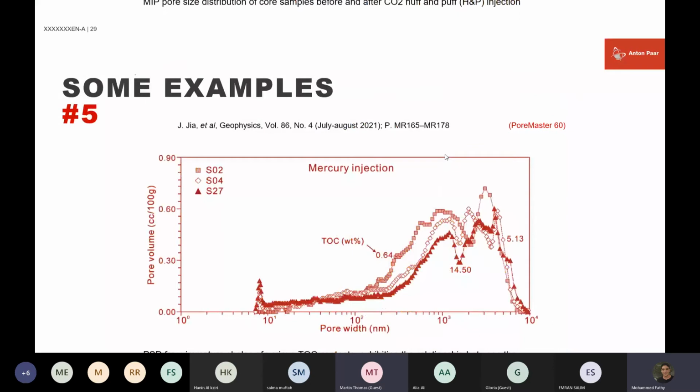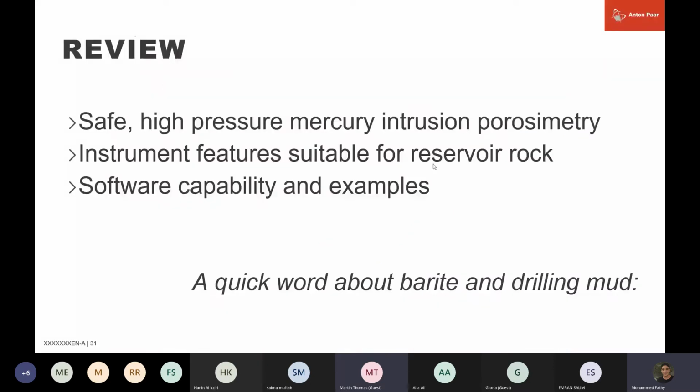And so I would just like to review what I covered today. It's basically the Poremaster, a high pressure mercury intrusion porosimetry instrument with features like the macro cell, the repeat analysis, and the automatic refill of the capillary after the low pressure, suitable for reservoir rock samples.